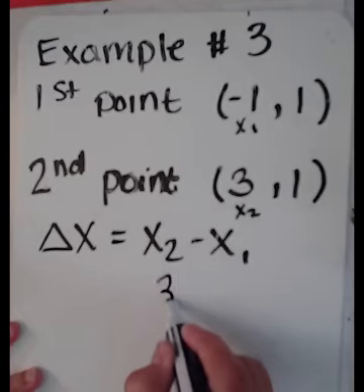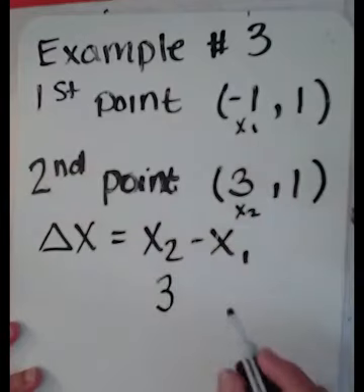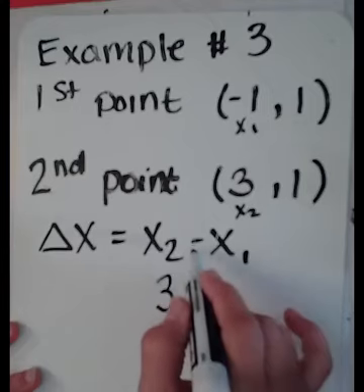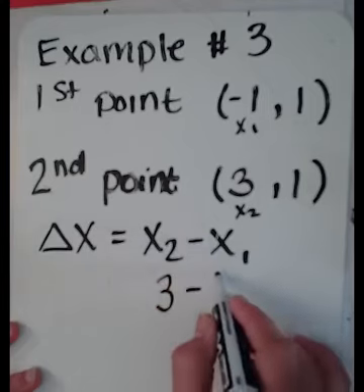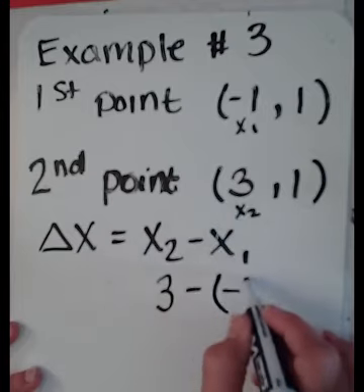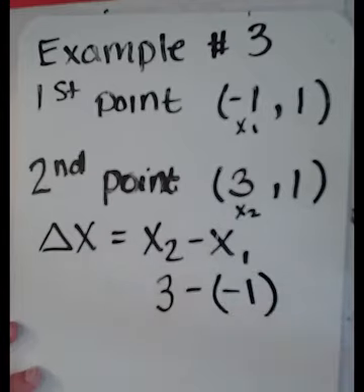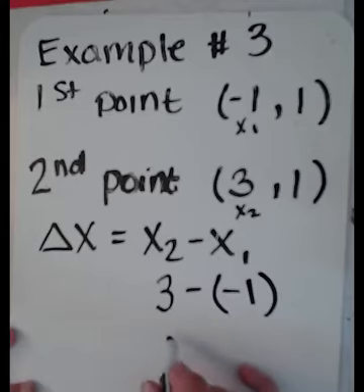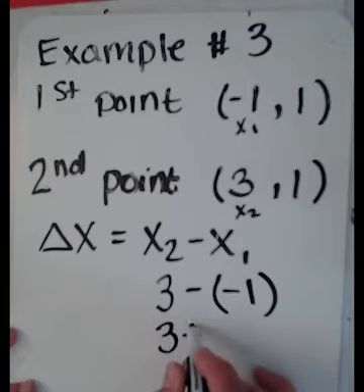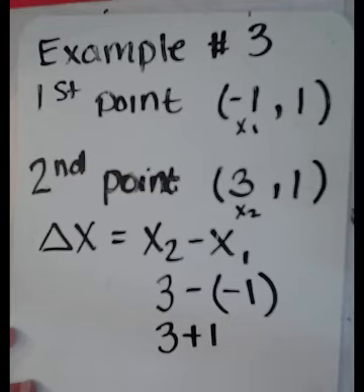X2 equals 3 and x1 equals -1. So we're subtracting based on our formula, and then we need to put the value of -1 there. So once again, when we are adding a negative number, it becomes a positive. So we do 3 plus 1 to find our change in value.